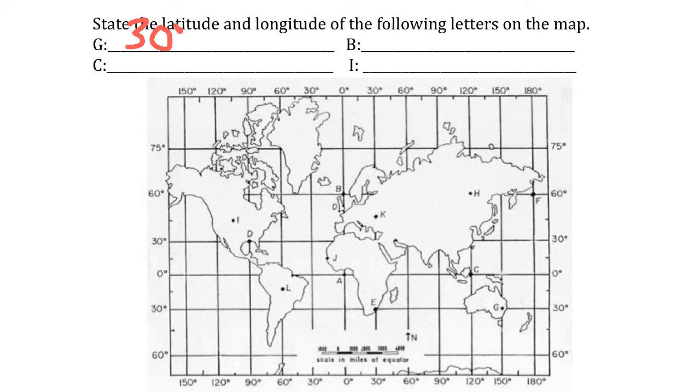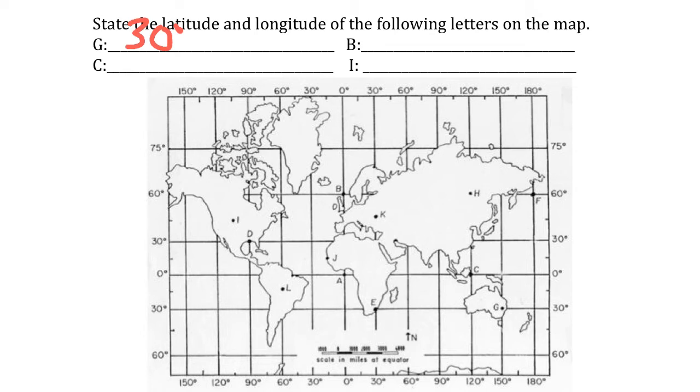Now, latitude always includes a direction, north, south, east, or west. The only time that doesn't happen is if you are exactly on the equator or exactly on the prime meridian. Then it's just 0 degrees and there's no north, south, east, or west with it. But since we're at 30 degrees, I'm going to either be north or south of the equator for a latitude line.